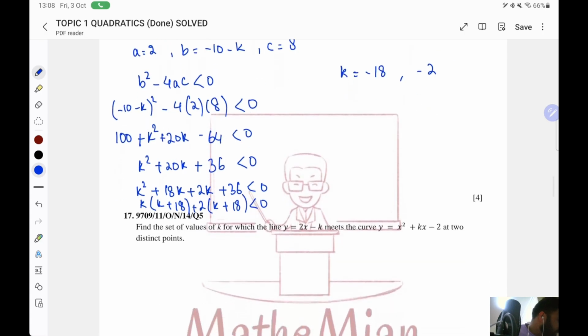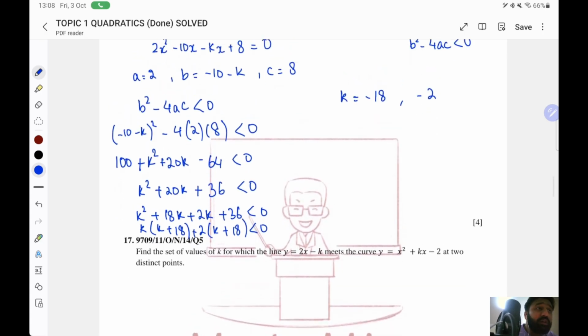Now if we sketch the graph for this, the graph is going to look like this. The critical values lie over here at these 2 points, minus 18 and minus 2.